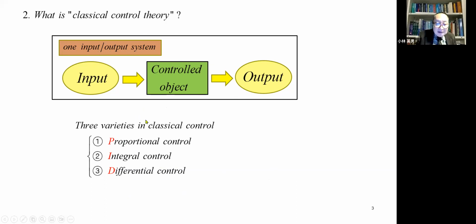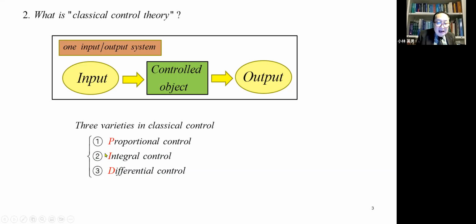As I explained, I confirm here again, three varieties in classical control. One, proportional control, called P control. Number two, integral control, called I control. Number three, differential control, called D control. When we use proportional control only, this control is called P control.